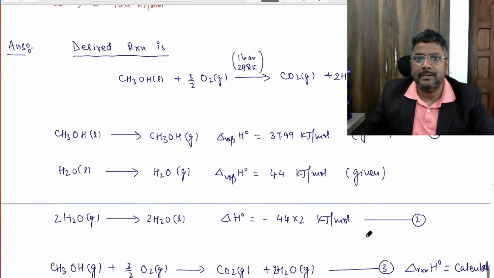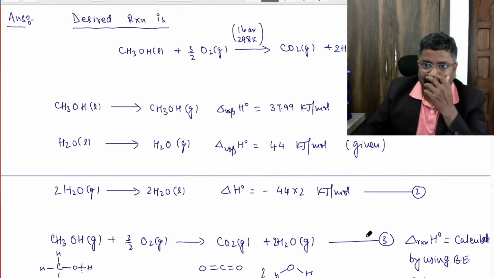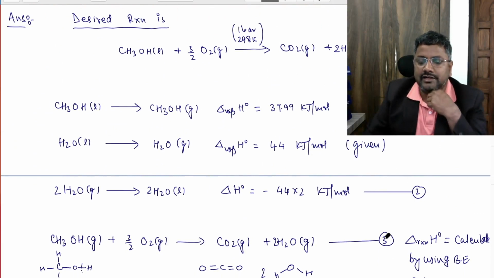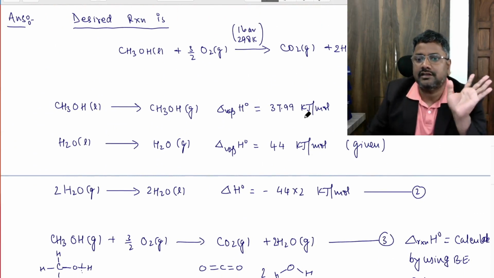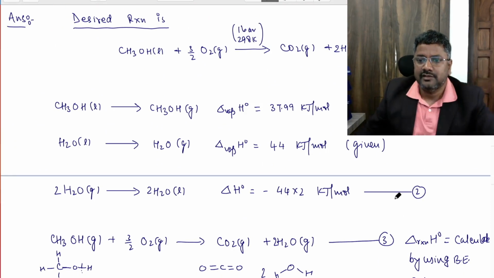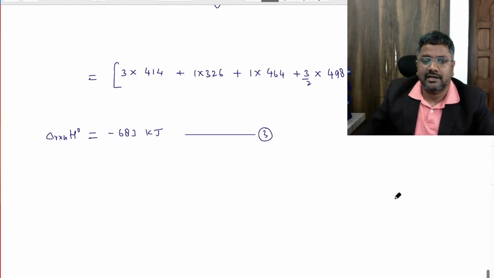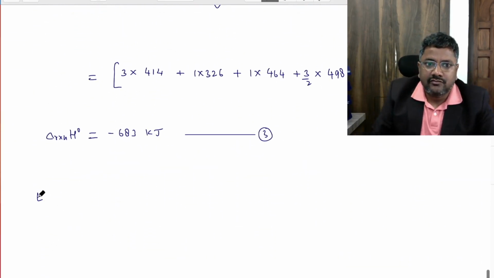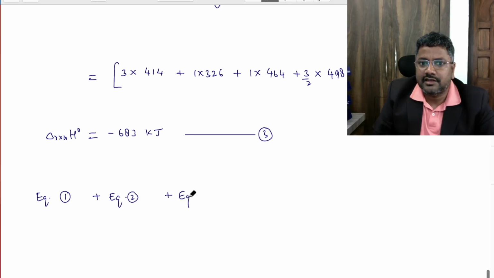If you see, if you add this equation 1, equation 2 and equation 3, you will get the desired equation, right? So applying Hess law, equation 1 plus equation 2 plus equation 3 is equal to desired equation.